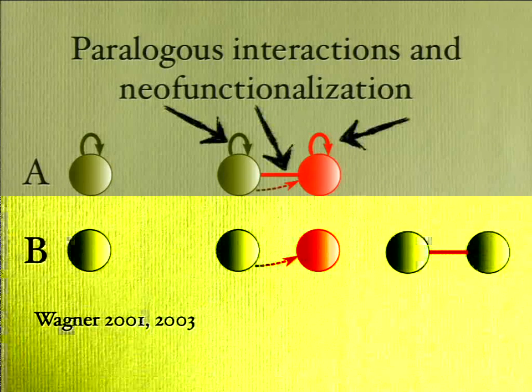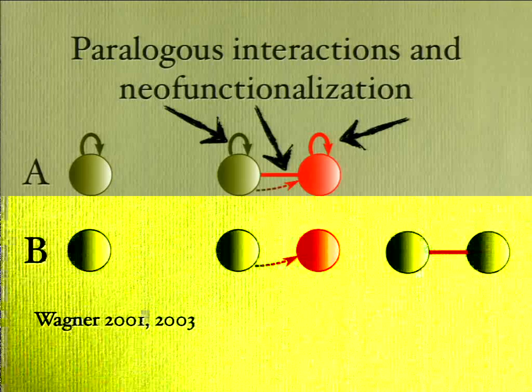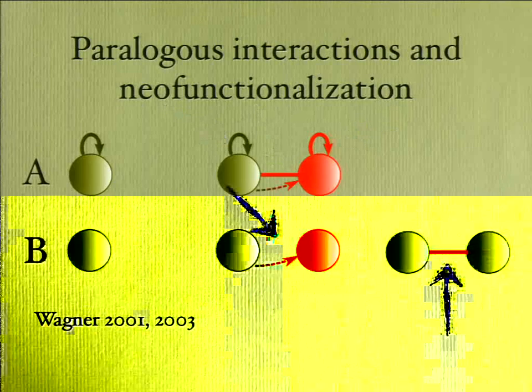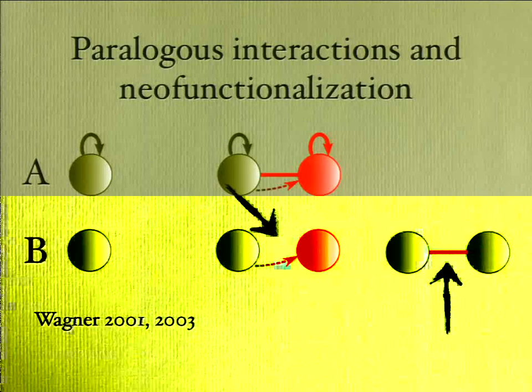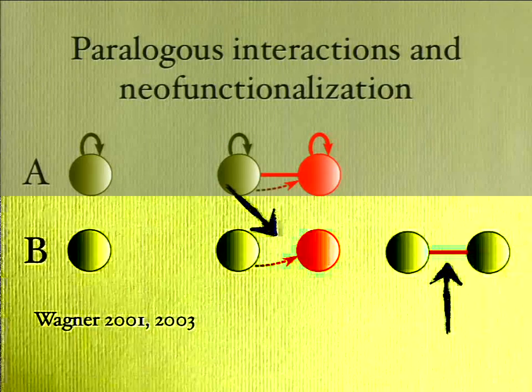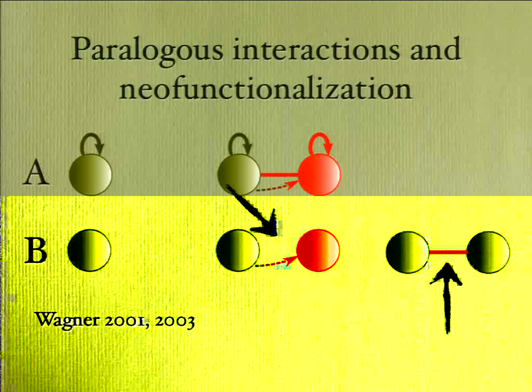The first way is that the ancestral protein could have been self-interacting, and then upon duplication, those initially identical duplicates would be interacting with each other, and that interaction would have been preserved in evolution. The second possibility is that the ancestral protein was not self-interacting and duplicated, and there was initially no interaction between them, and then an interaction formed de novo.